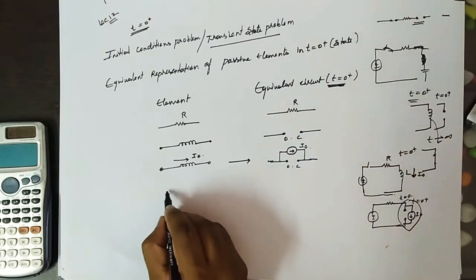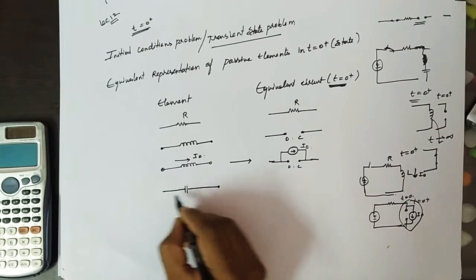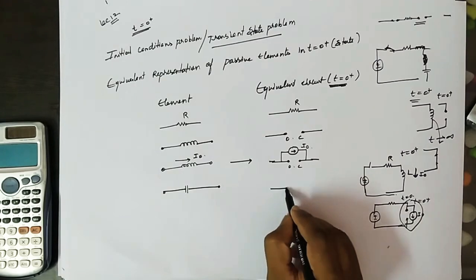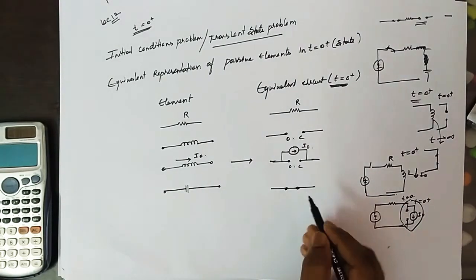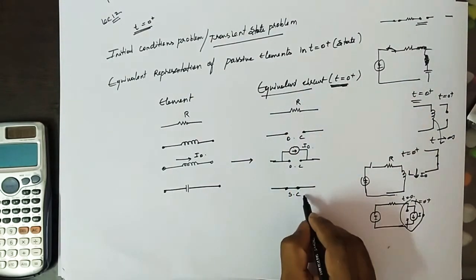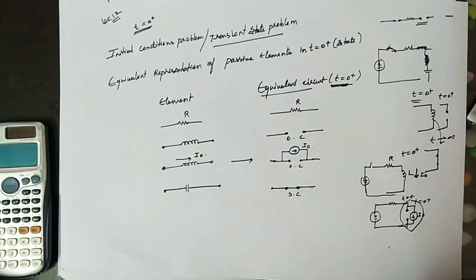Now let us go to the capacitor. As you know, the capacitor also resists sudden change, and at the initial condition it behaves as a short circuit. This will be replaced like this, so you have to keep the terminals like this. This is a short circuit. This is the equivalent circuit of a capacitor at t equal to 0 plus.